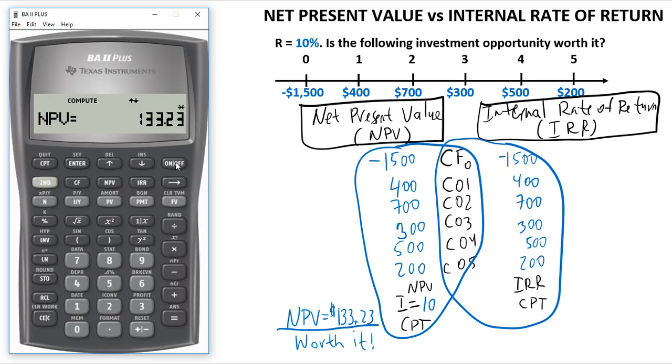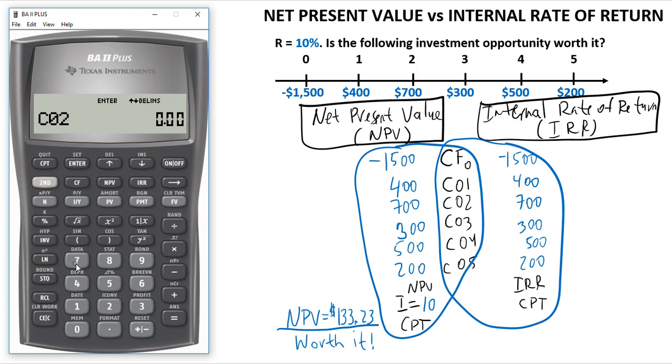Now, the internal rate of return technique. Let's clear everything and start fresh. Same exact buttons in the beginning. Cash flow. In year 0 we have 1,500 negative, enter, down. Cash flow 1 is 400, enter, down, down.